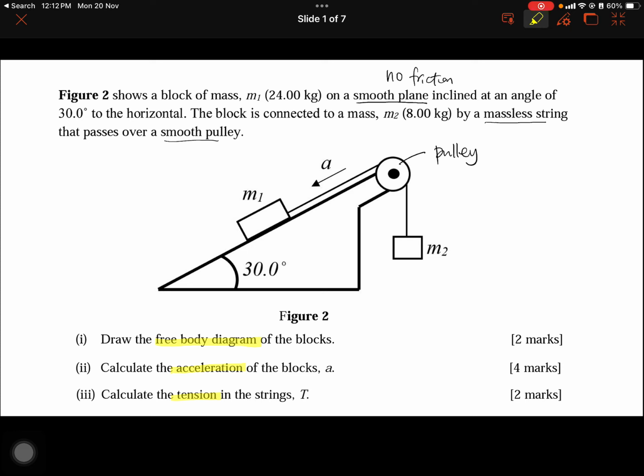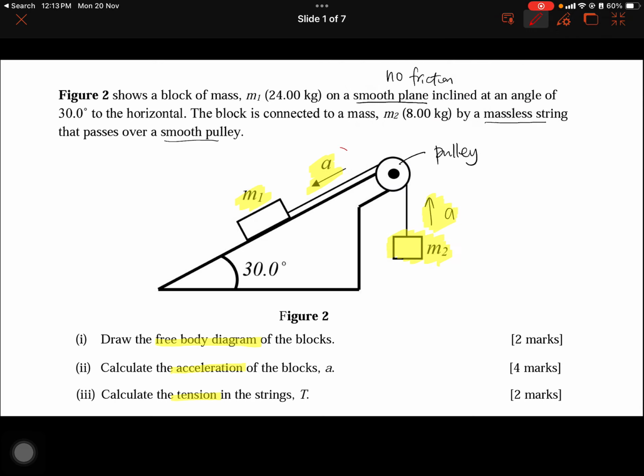If mass 1 is accelerated with this A, mass 2 is also going to be accelerated with the same acceleration, however it is going to be directed upward. So if we calculate, for example, we get 10 meter per second square here.